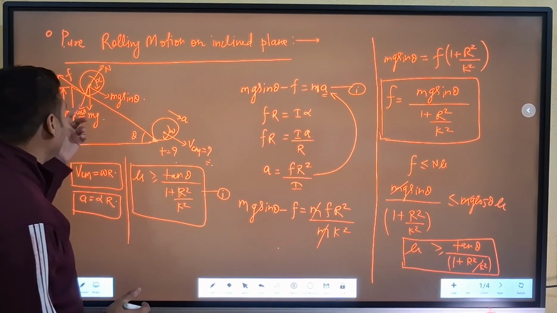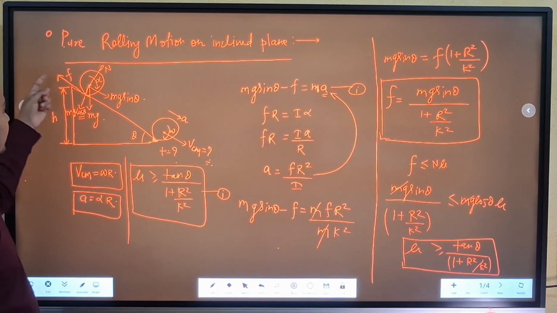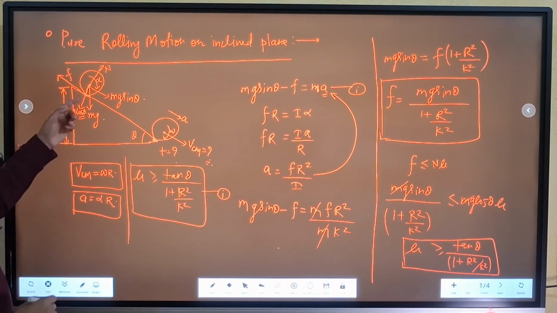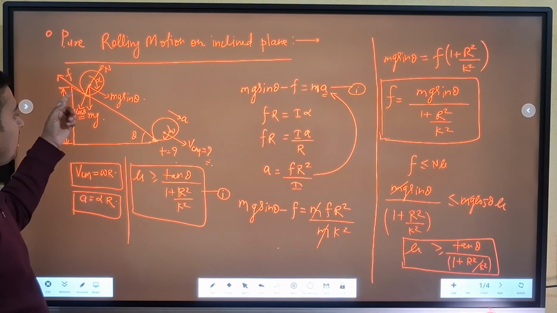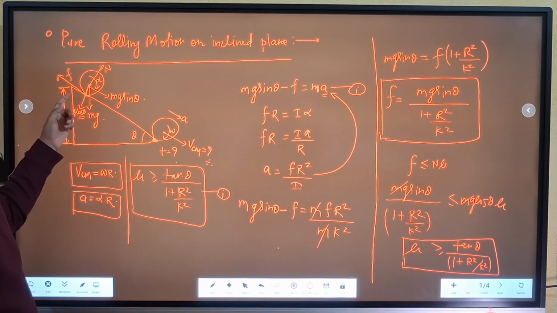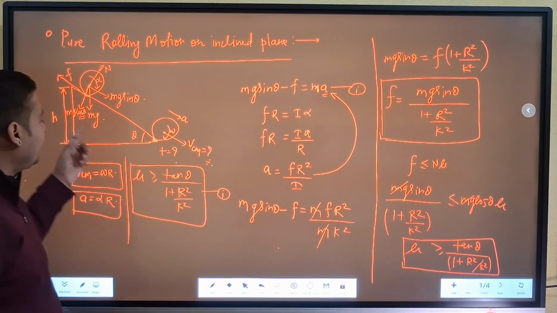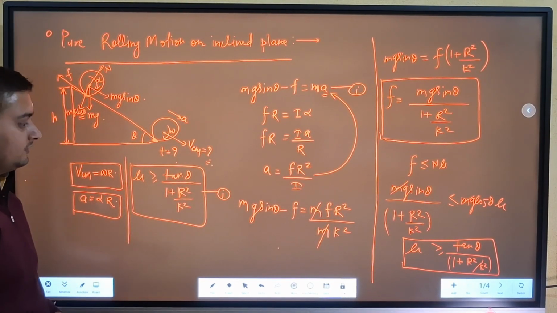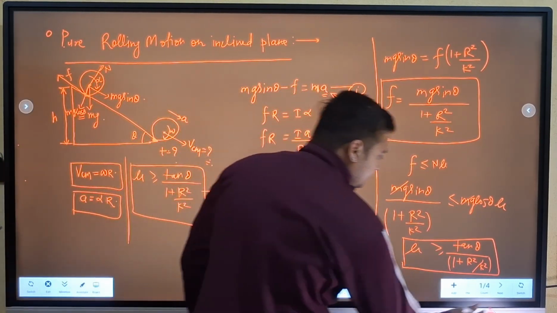But if you see, because of friction force your instantaneous point of contact is at rest. So this friction is not performing any work. Because of this we can apply conservation of energy and we can calculate the velocity easily. So let us take the next slide for this.